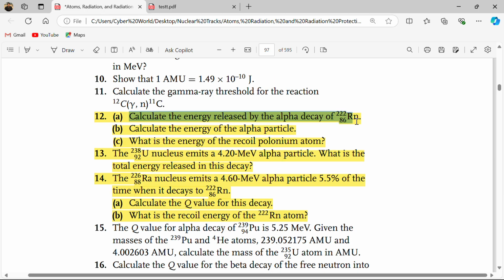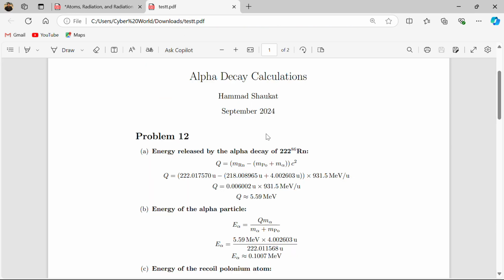To find the Q value, there is a formula. You already know that Q is equal to the mass of the parent, radon, minus the mass of the daughter products, polonium and the alpha particle, times c squared.